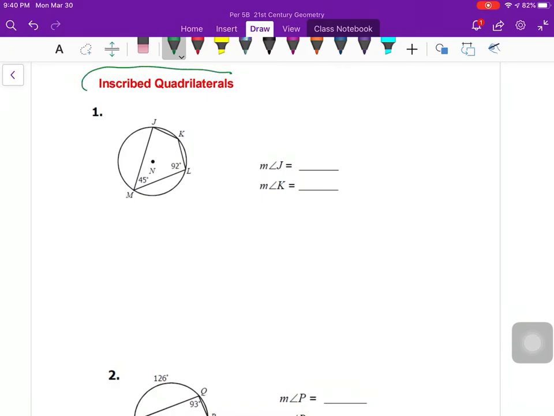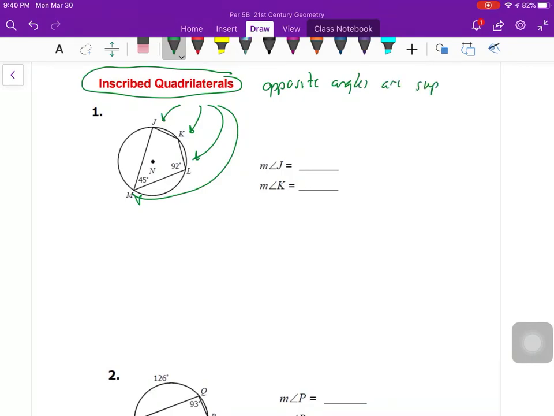Let's try another practice. Now this one is talking about the other concept. This is an inscribed quadrilateral. In an inscribed quadrilateral, all of the vertices are on the circle itself. And that means that the opposite angles are supplementary.